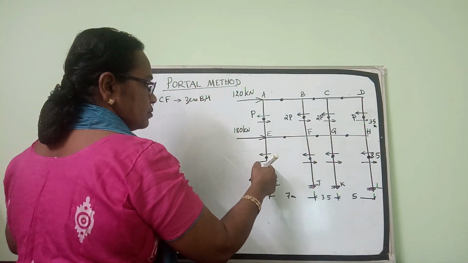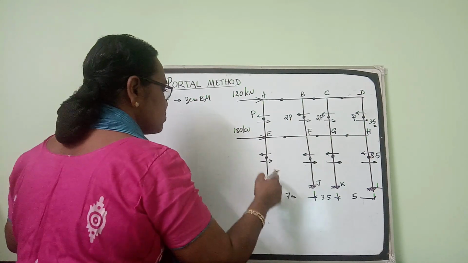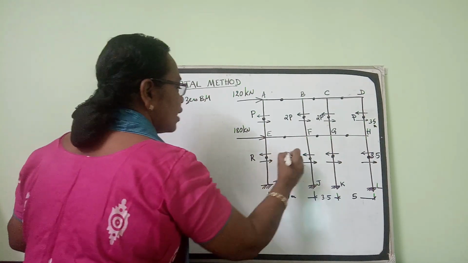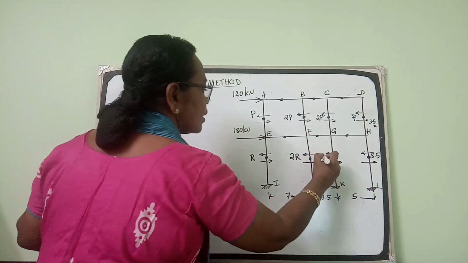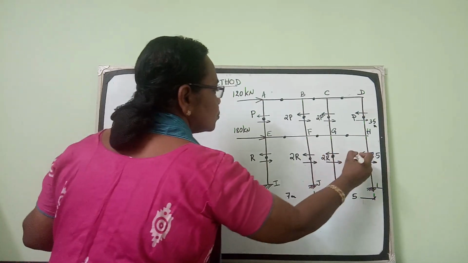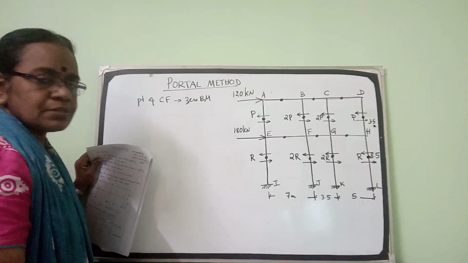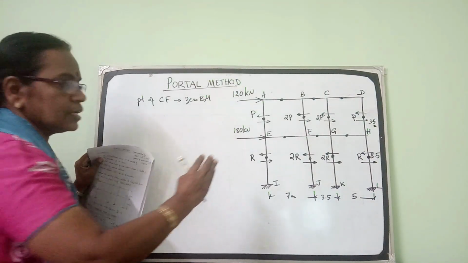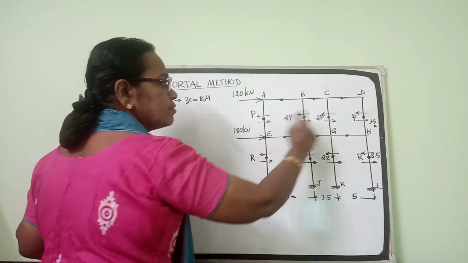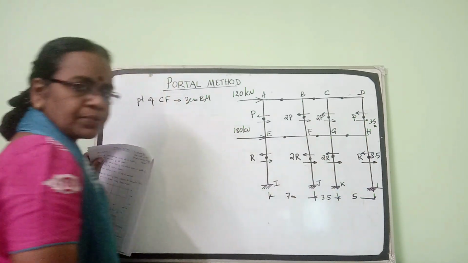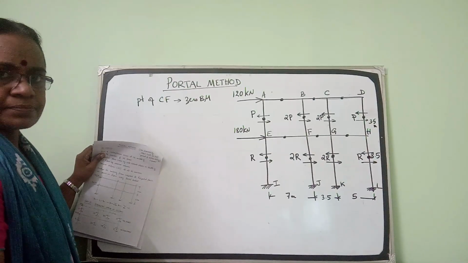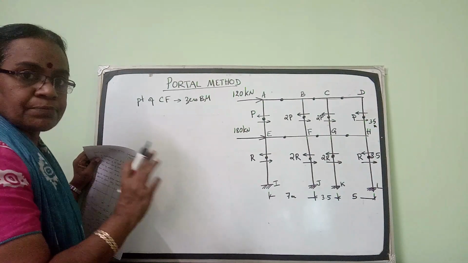Similarly, in the first floor or the bottom story, I will mark it as R, 2R, 2R, R. So the second assumption is horizontal shear in the inner columns is twice the value of that in the outer columns.